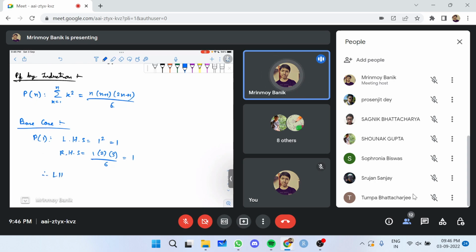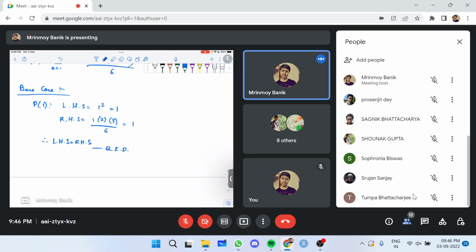Therefore, LHS equals RHS, and we are done. Okay, so this QED is a French acronym or something which basically means proved. You can look up the internet to find its full form. So that's done for base case.